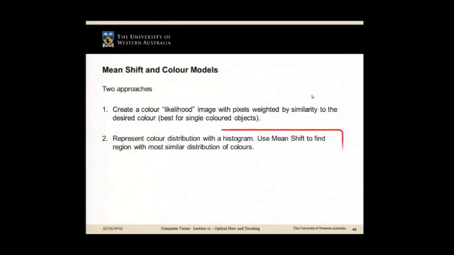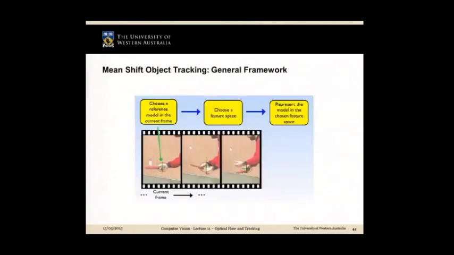Okay, so let's go to the next case, where we represent the color distribution with a histogram and use mean shift to find the region with the most similar distribution of colors. How does it work? You choose a reference model in the current frame, then you choose a feature space and represent the model in the chosen feature space, in terms of your color histogram.